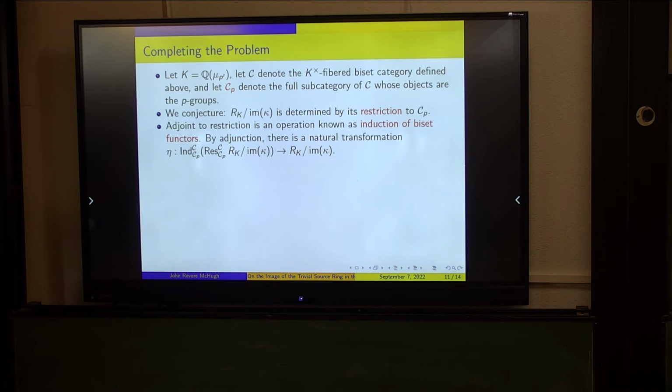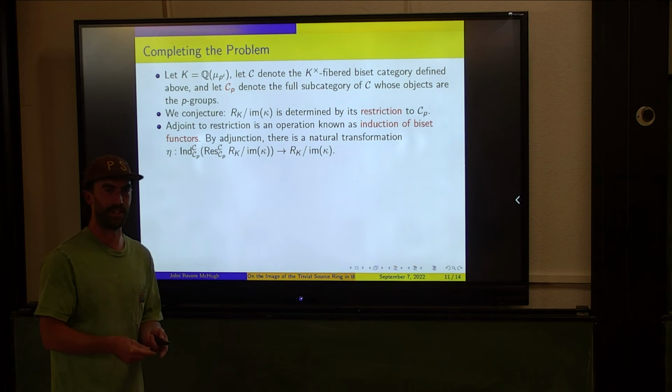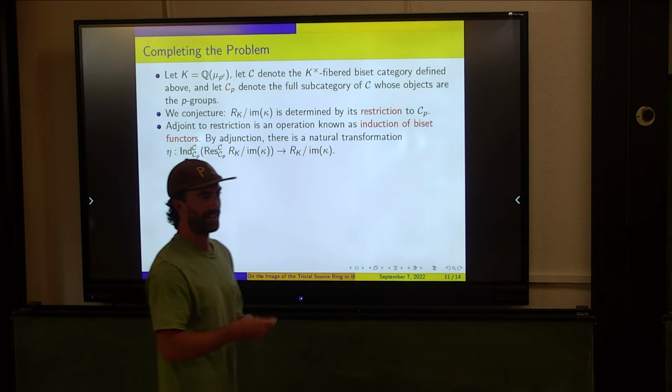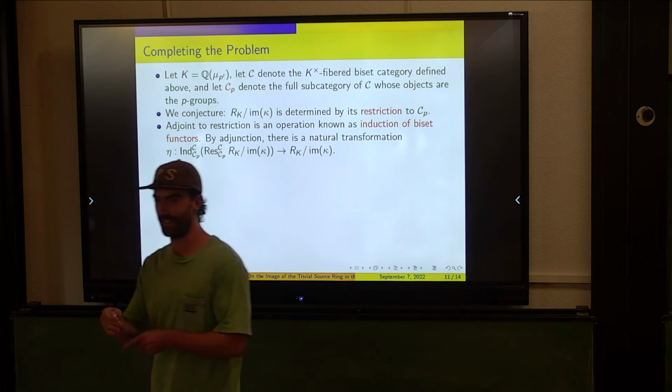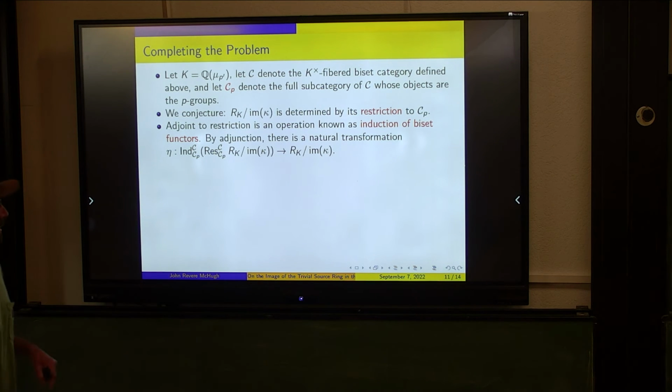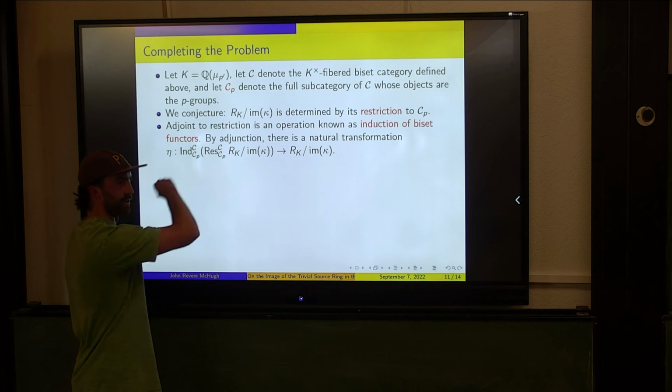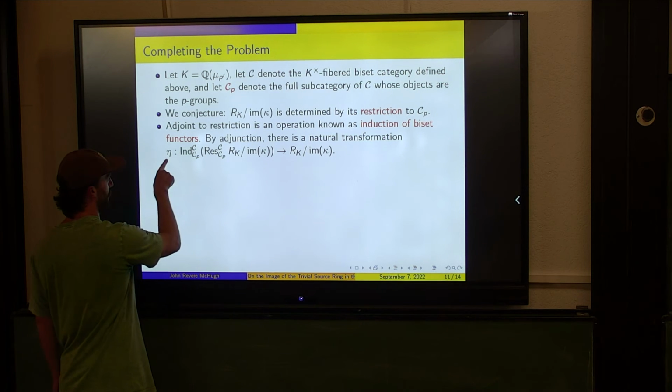Well, if I can restrict a biset functor using some abstract nonsense, I can also induce biset functors. It's not the induction you're used to using, you're inducing a functor. So by adjunction, because induction and restriction are adjoint to one another, there's a natural transformation.